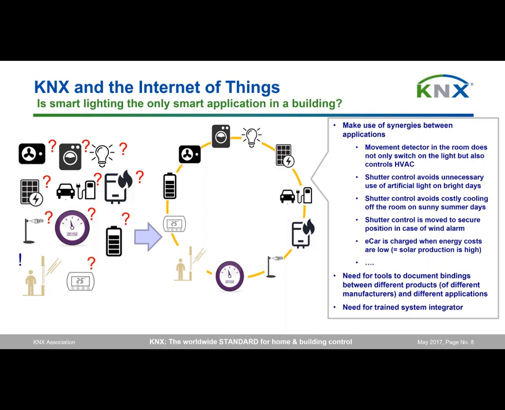There could be smart sun shading, battery storage, a PV installation. Typically in a home, there could be intelligent home appliances. So, would it not be a good idea to make optimal use of synergies between applications?